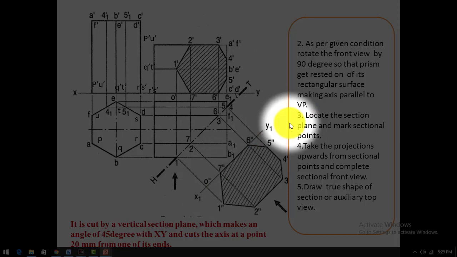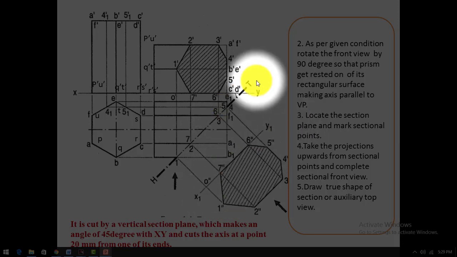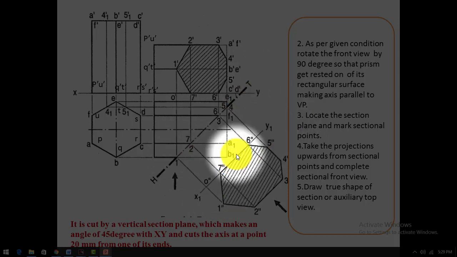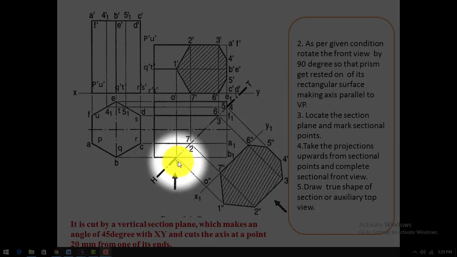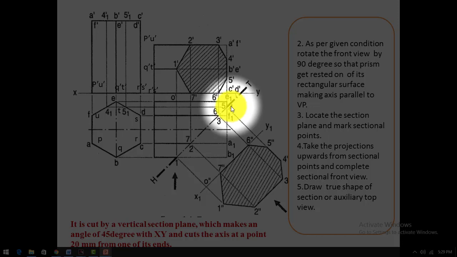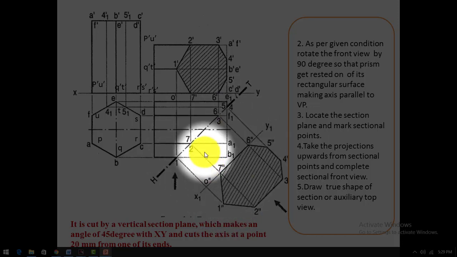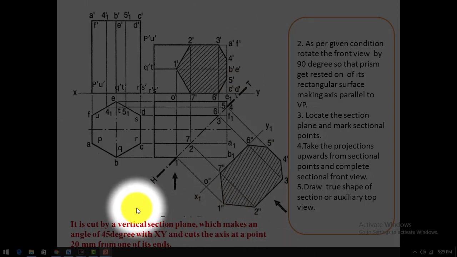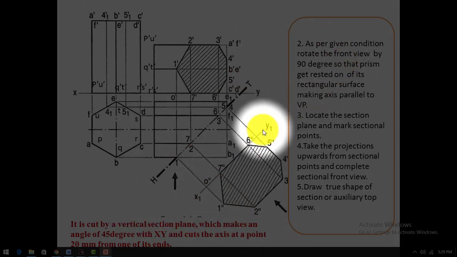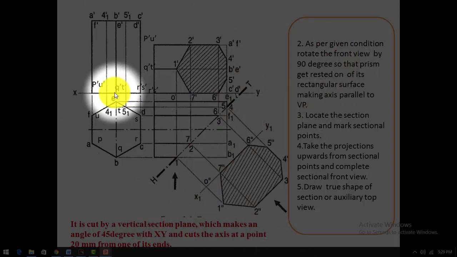Draw the X1 Y1 line parallel to it. Then transfer all the sectional points, that is 1, 2, 7, 3, 6 and 5, 4, with the help of projectors. Draw projectors as perpendicular lines to this X1 Y1. Then this X1 Y1 line plays the role of the XY line.